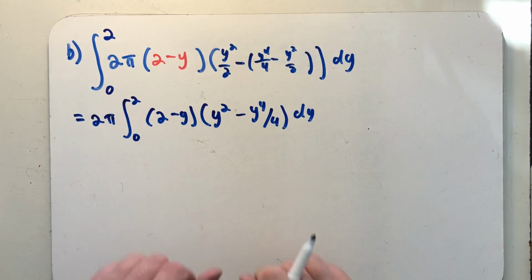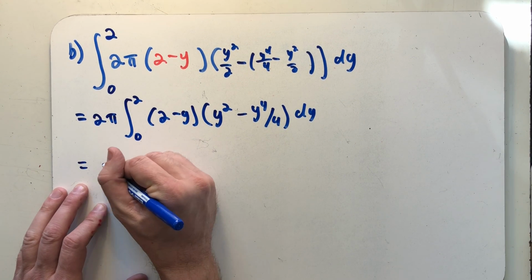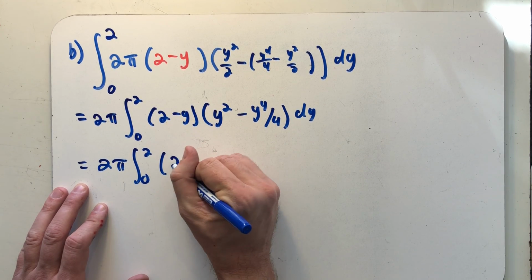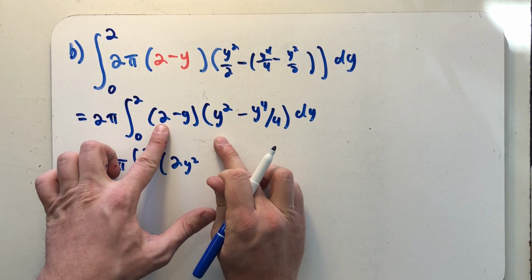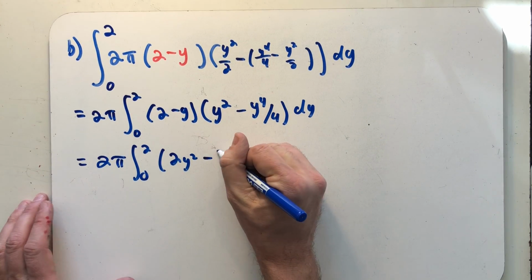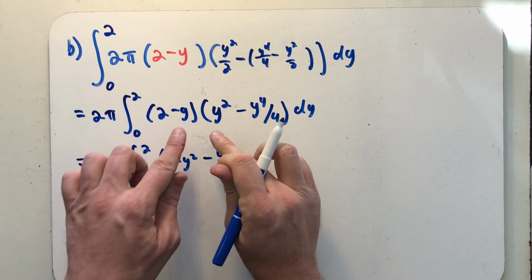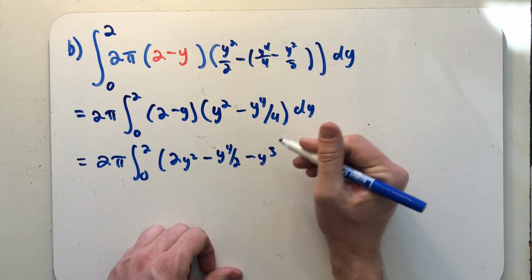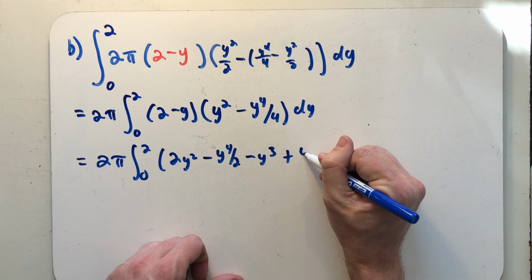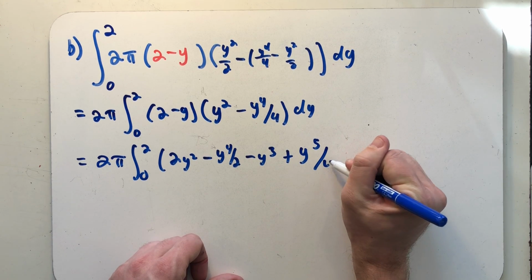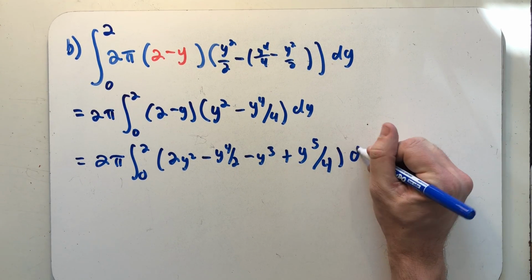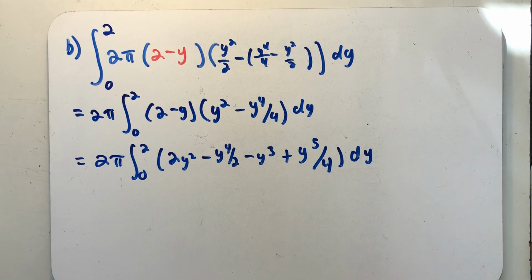Let's multiply these two binomials together, and then we will be ready to evaluate this definite integral. 2y squared minus y to the 4th over 2 minus y cubed, and then plus y to the 5th over 4. And of course we're still integrating with respect to y.